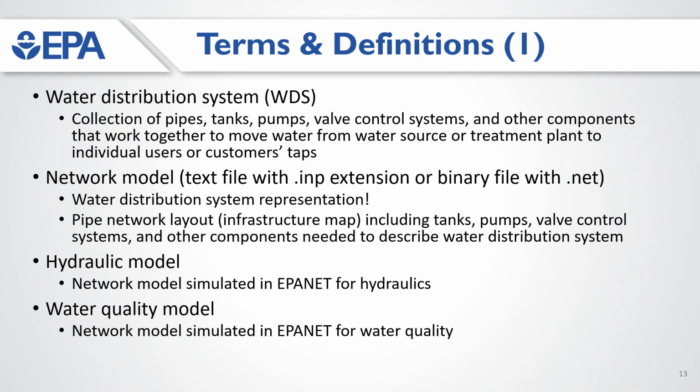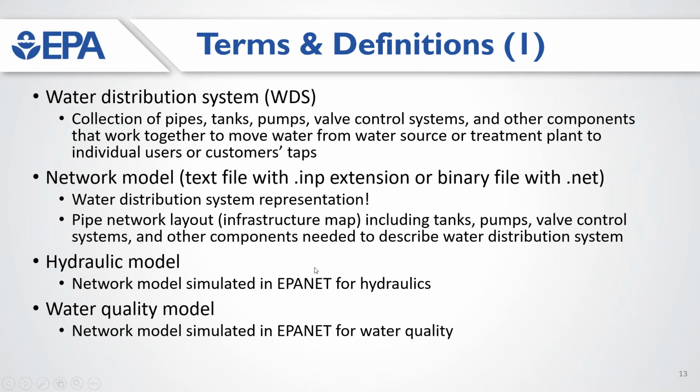To get started and acquainted with EPANET, we're going to go over some simple terms and definitions that are important to EPANET. So water distribution systems, or WDS, is a collection of pipes, tanks, pumps, valve control systems, and other components that work together to move and transport the water from the source or the treatment plant to the individual users or customer taps.